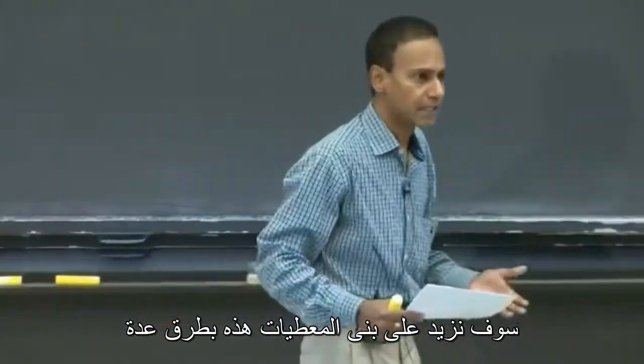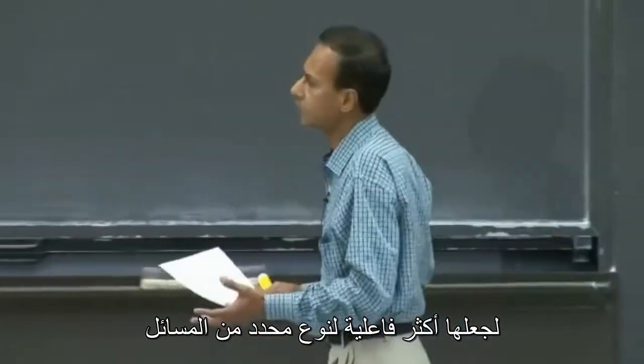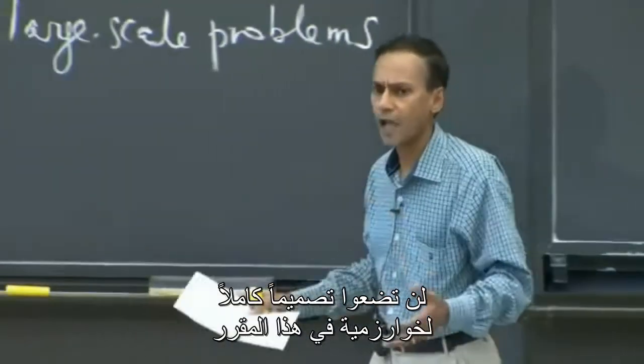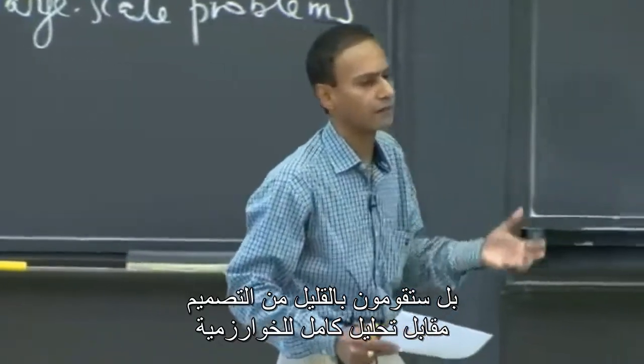We're going to augment these data structures in various ways to make them more efficient for certain kinds of problems. And while you're not going to be doing a whole lot of algorithm design in this class, you will be doing some design and a whole lot of analysis.